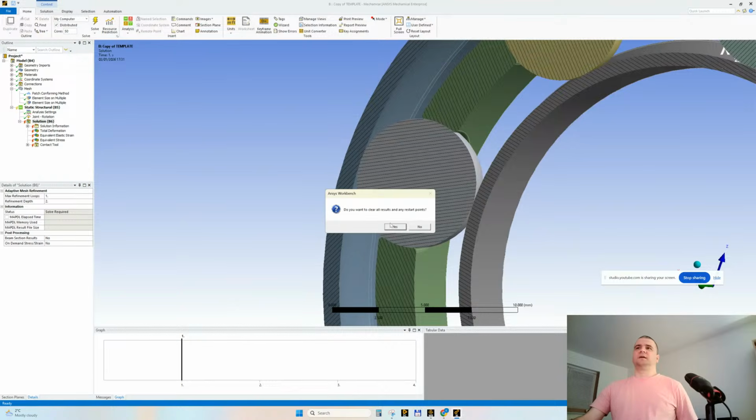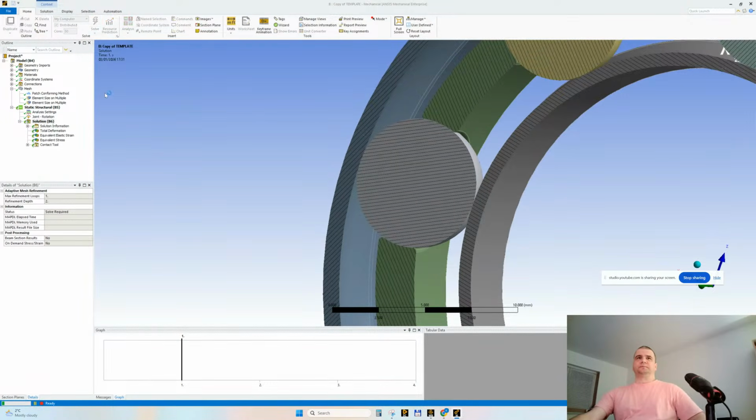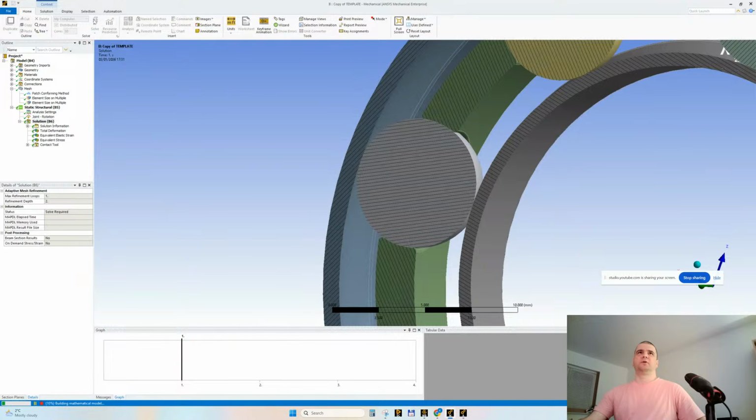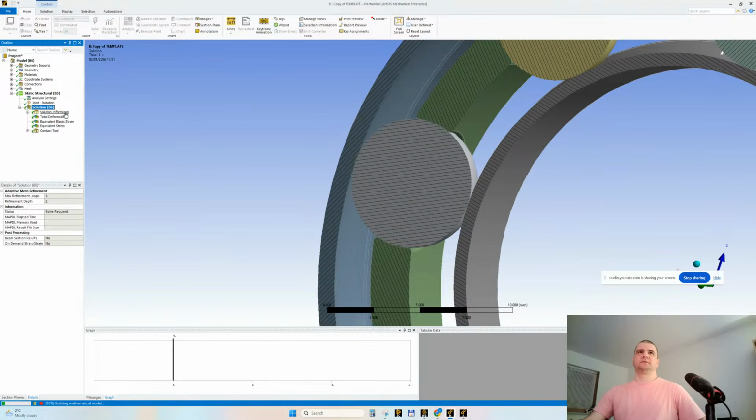Clear generated data, solve. Clear generated data, solve. Clear generated data, solve. We need copious amounts of patience, because if we don't have any patience, who is going to have patience?